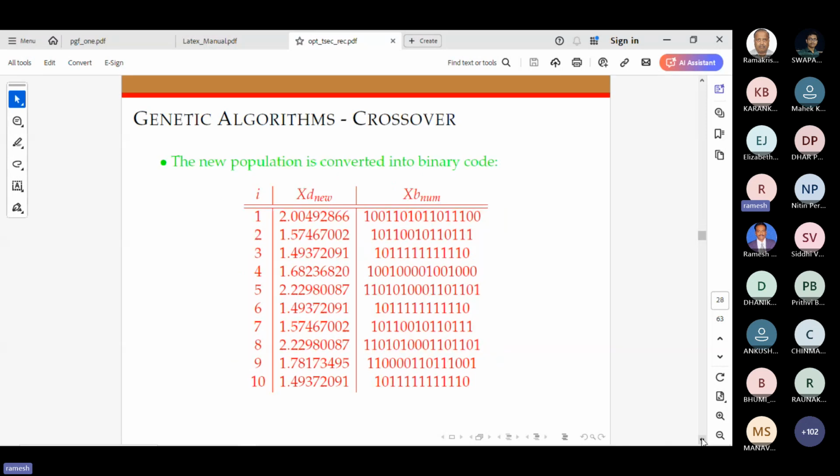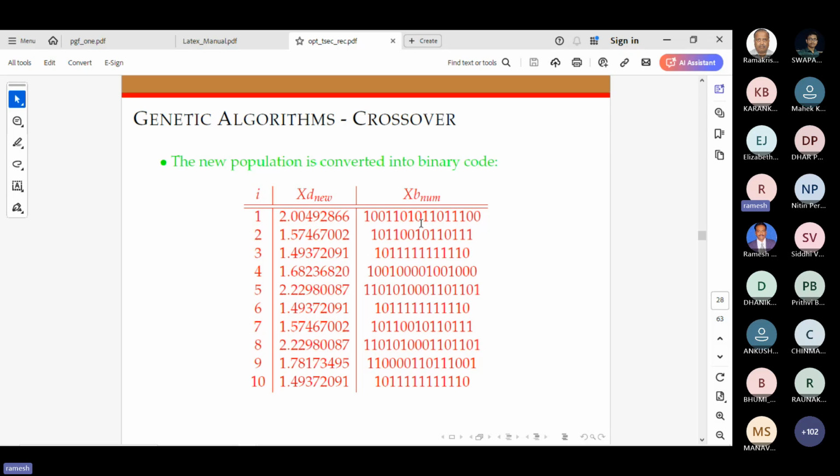Now we will use what is known as a coding of these. All these decimal values of our decision variable are actually coded as binary numbers. So 2.0049 corresponds to this.